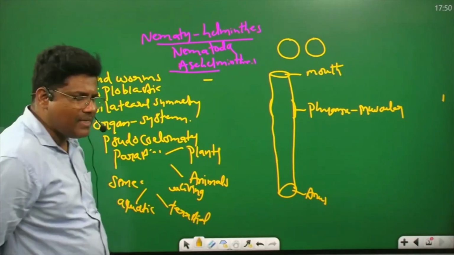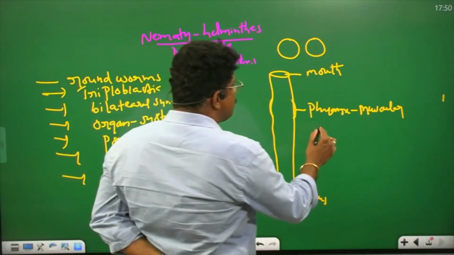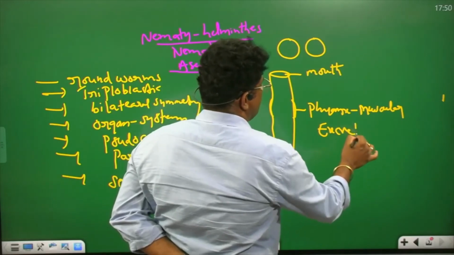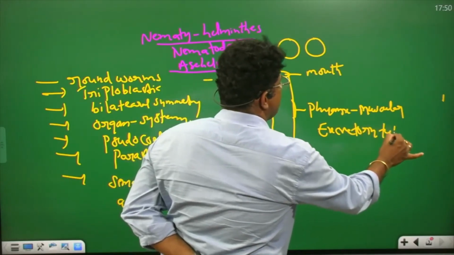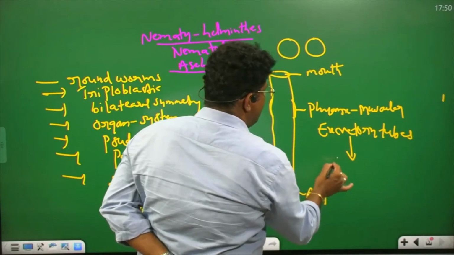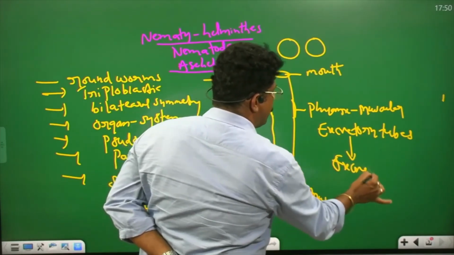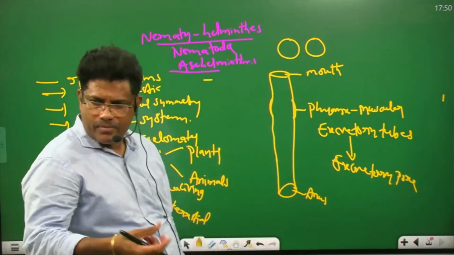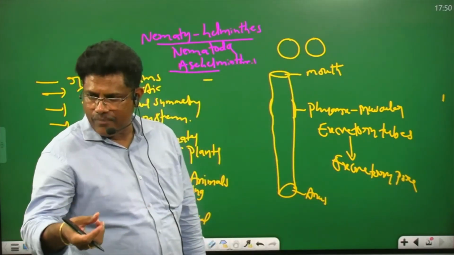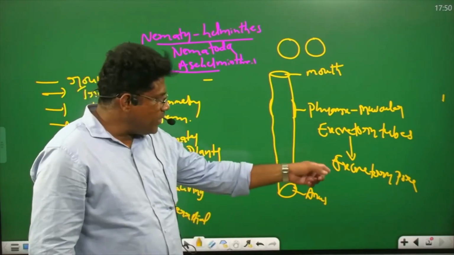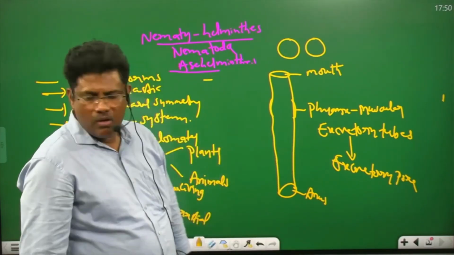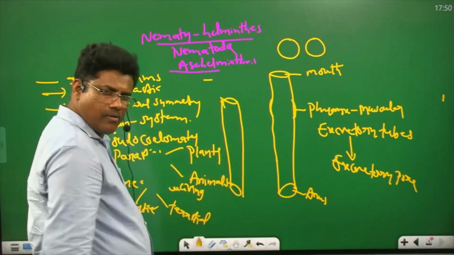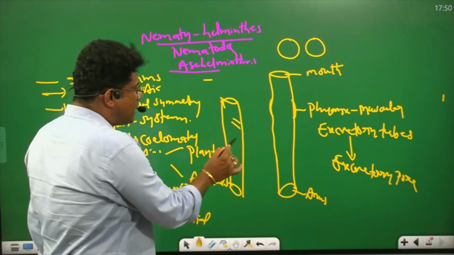One more point. In these organisms, excretory tubes and excretory pores are there. Through the excretory tubes, the excretory material is transported, and through the excretory pores it comes out. For example, this is the nematoda body, and inside it excretory tubes are there.